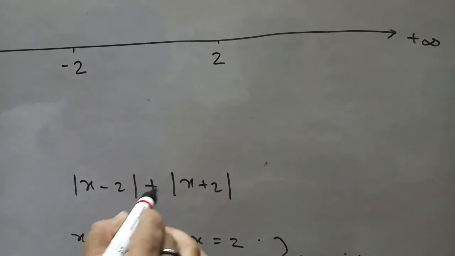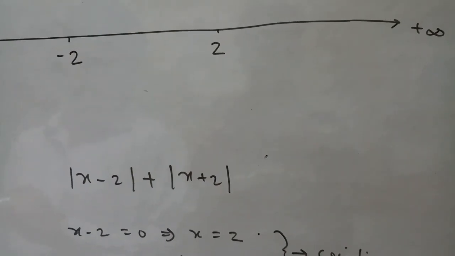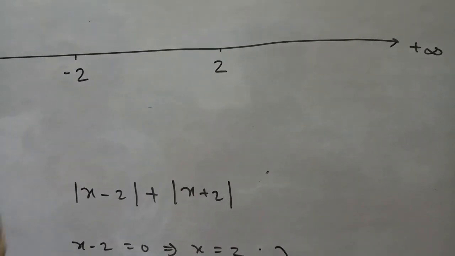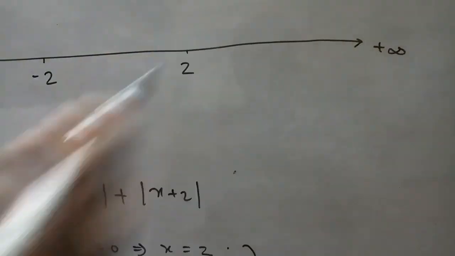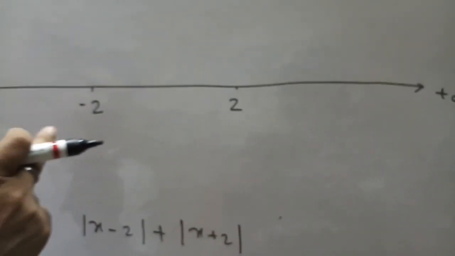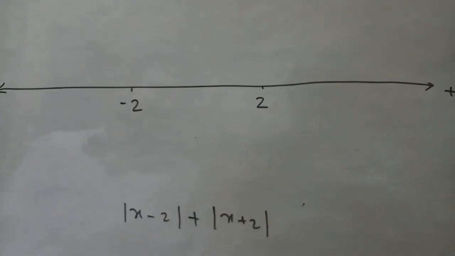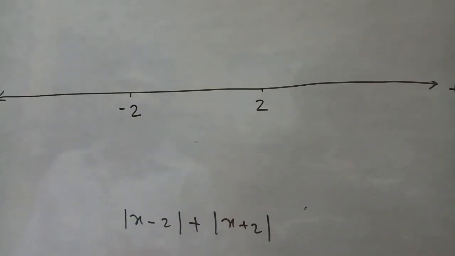So on the number line, this modulus function has 3 intervals: from minus infinity to minus 2, minus 2 to 2, and 2 to infinity. This is more important. These are the intervals after plotting the critical points on the number line.